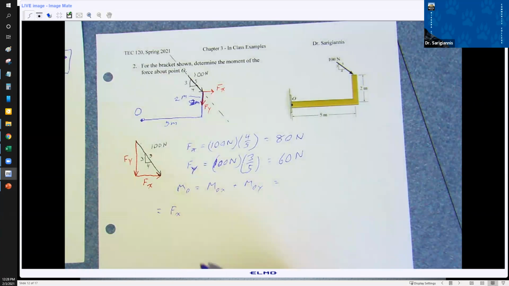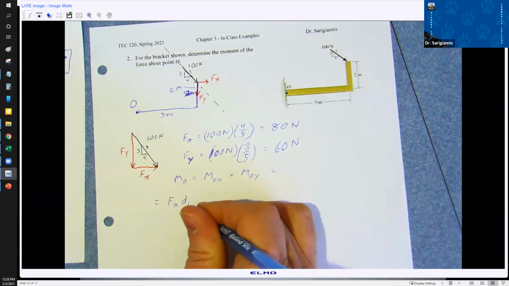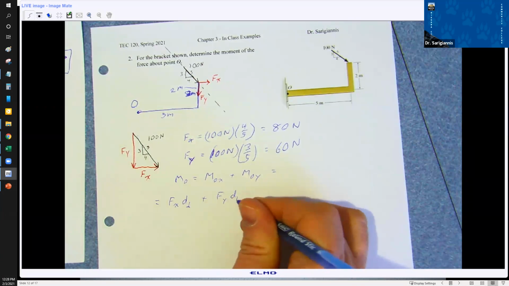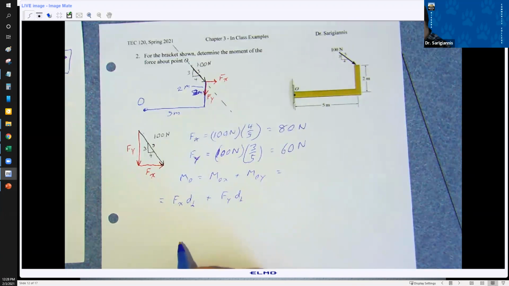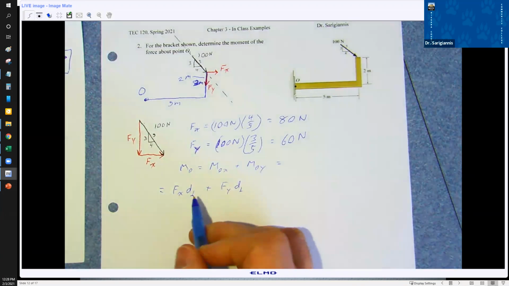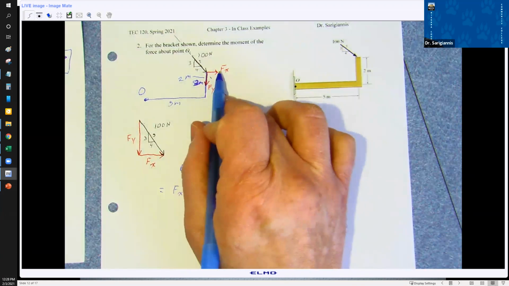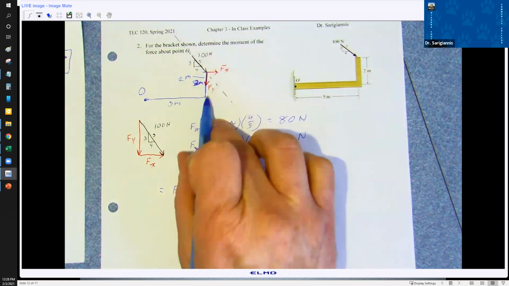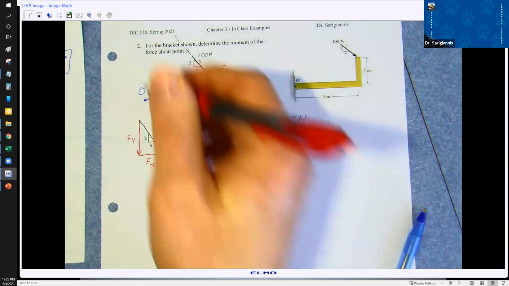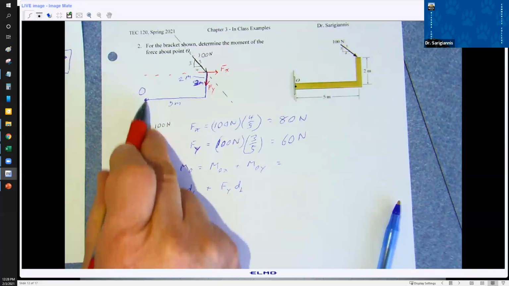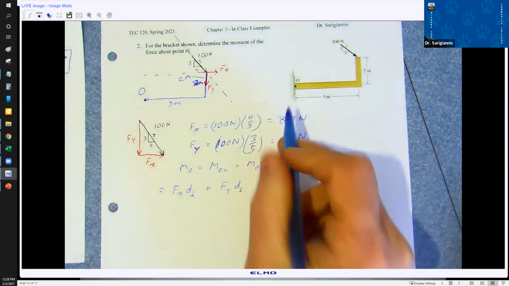I've got the x component of force times the perpendicular distance plus the y component of force times its perpendicular distance. I want you to notice the perpendicular distance for the x component of force is in the y direction. If we look at this line of action for the force, it's 2 meters perpendicular to that origin.